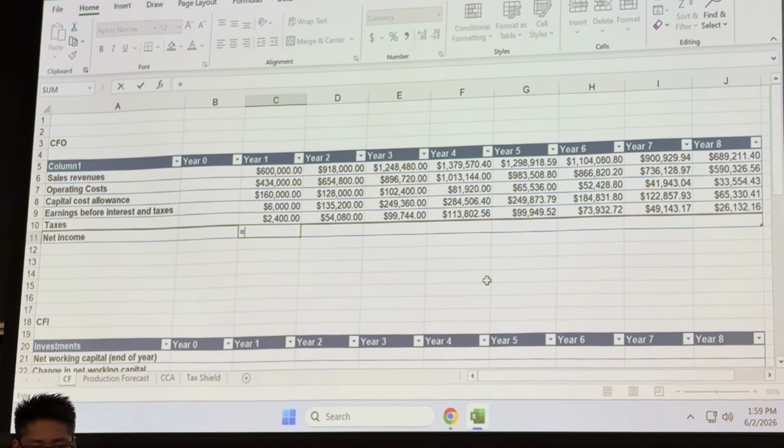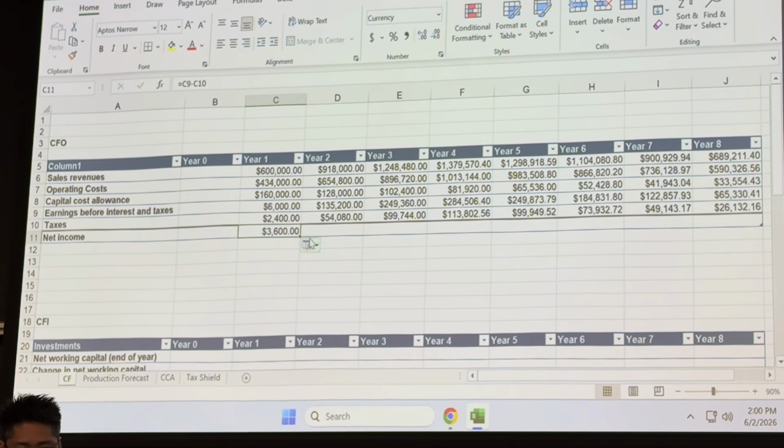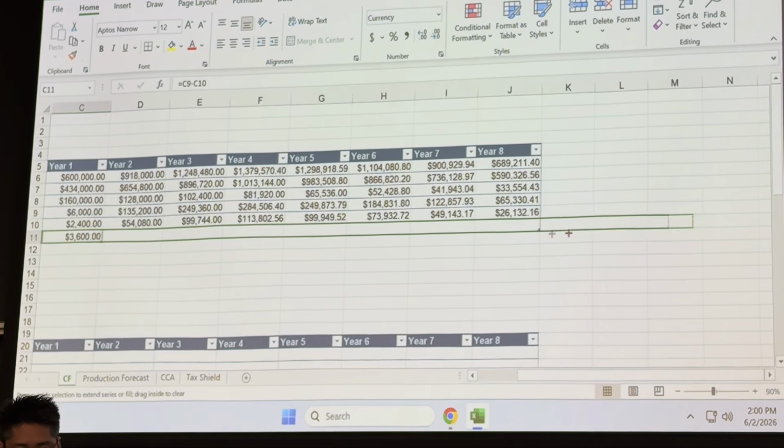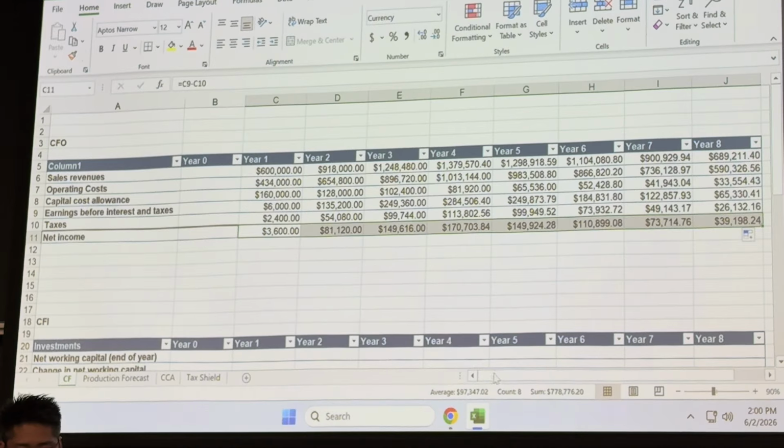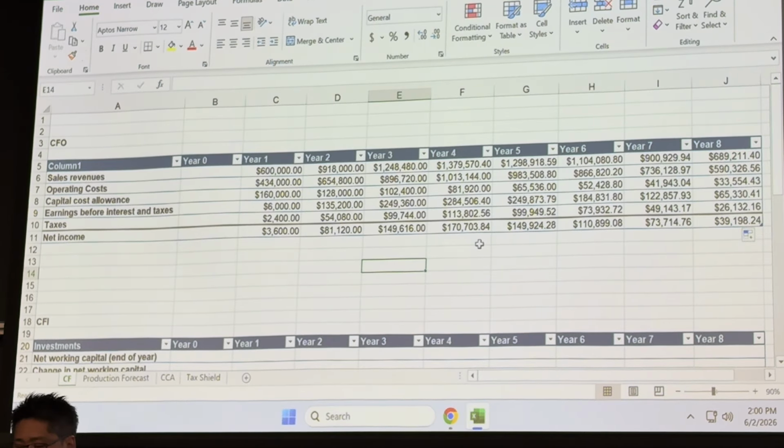Net income equals EBIT minus tax. Okay? I'll pause here for a second. Any question up to this point?